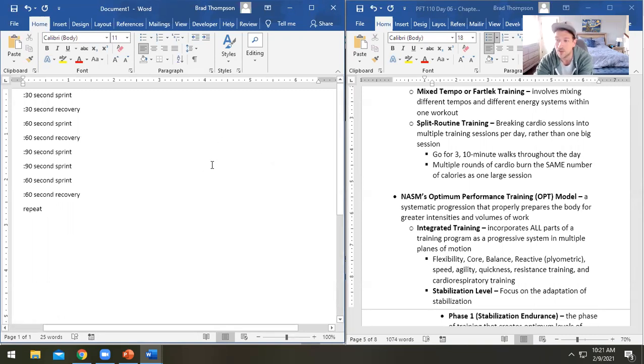And they found that it was a really effective way to train different energy systems and really drop down some marathon times. It was originally really effective for that, but it also torches fat.